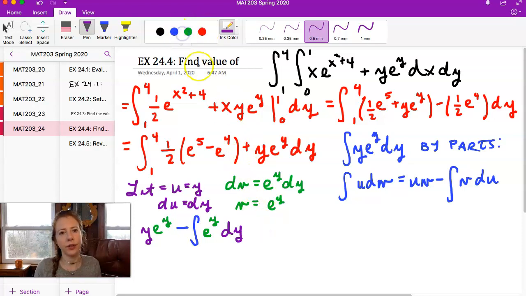Okay, so that's going to be our integral of u dv. And so this is going to be y e to the y minus, and the integral of e to the y dy is e to the y.